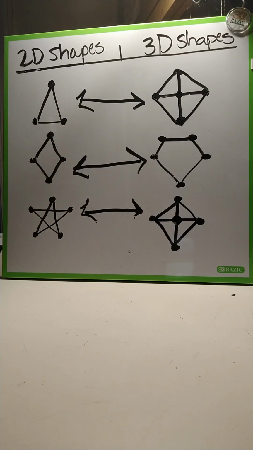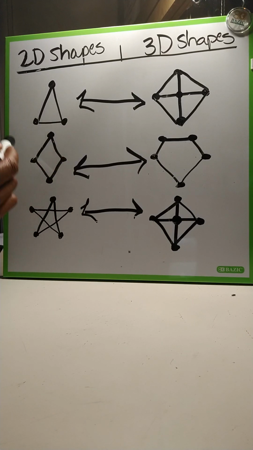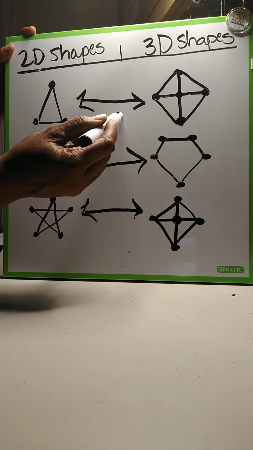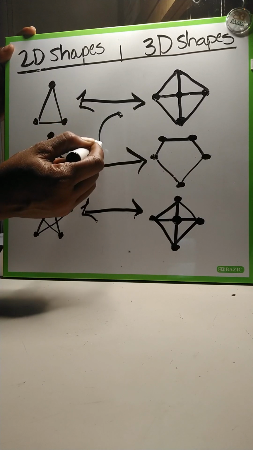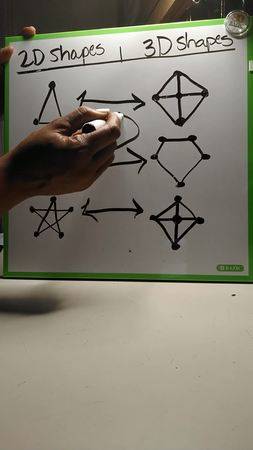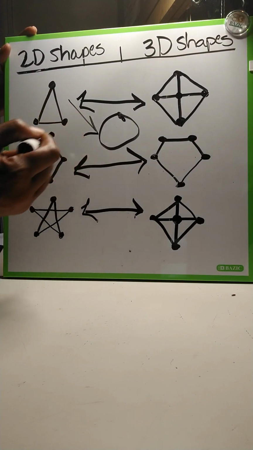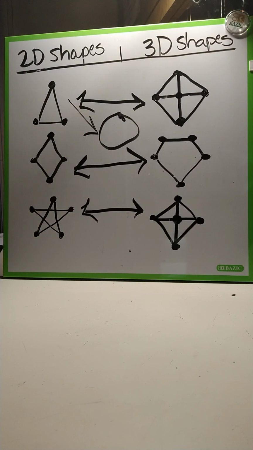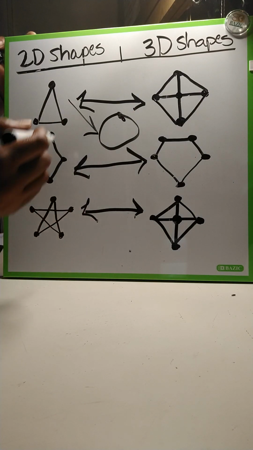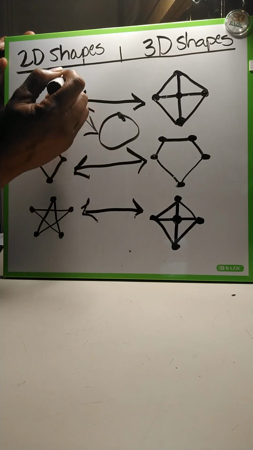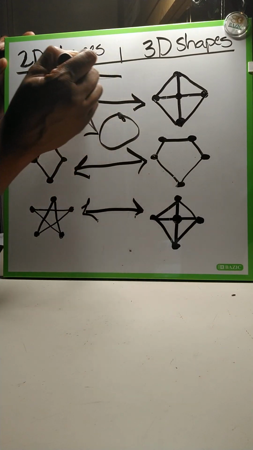A circle is 2D. It only goes from one point to the other. This is a circle. You start off at one point and you meet it at the same point. That's 2D. Okay? Remember we said in the first video that 2D was from one point to another point.